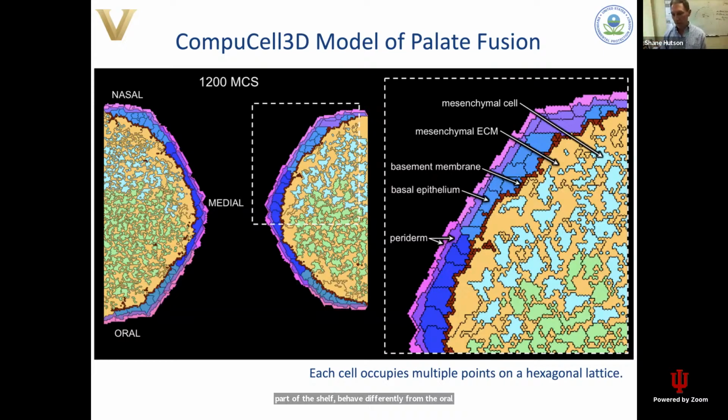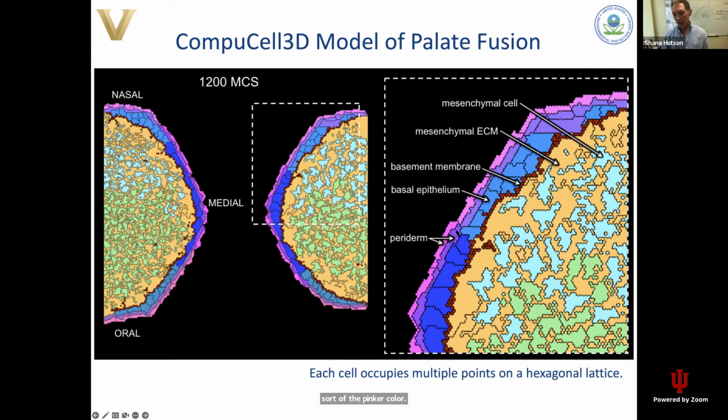So we had those differentiated so we could do different things with them. And over the top of those basal epithelial cells is a layer of what's called periderm. These are very squamous epithelia that are the very surface of all the embryonic tissues in the mouse. And those we've allowed to polarize to have compartments that are basal in the darker purple and apical in the pinker color there.